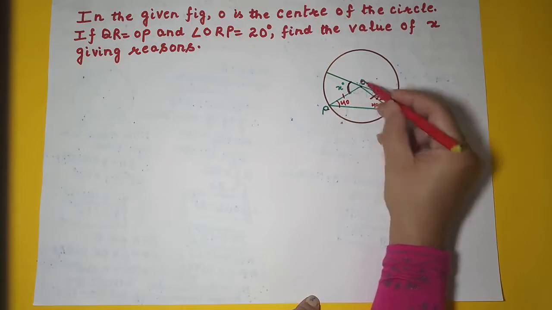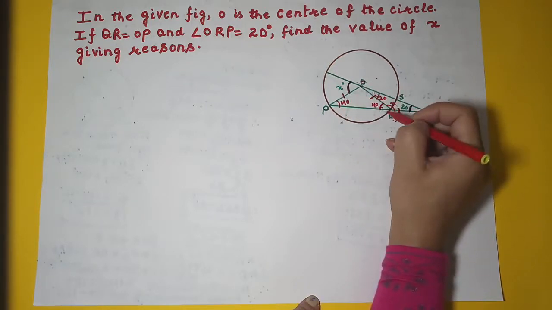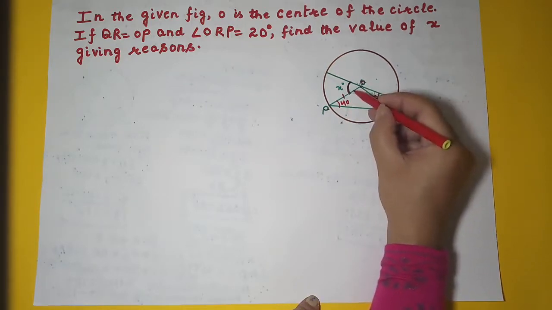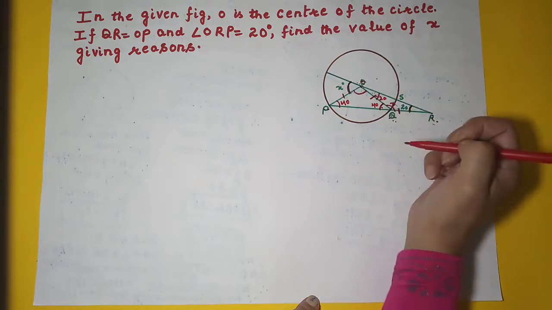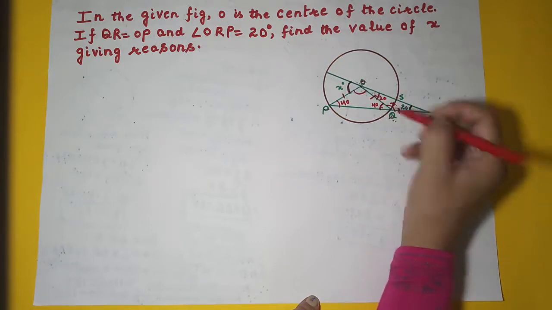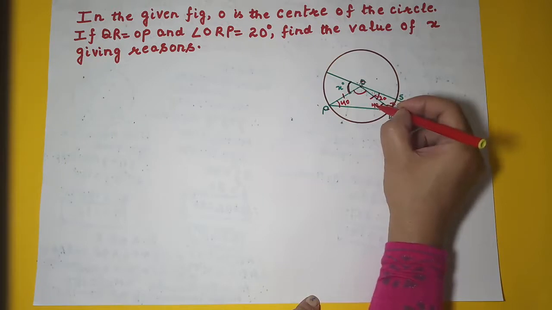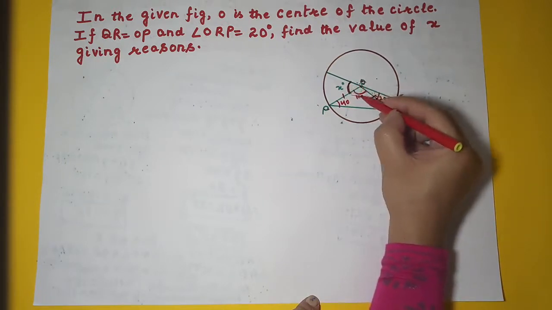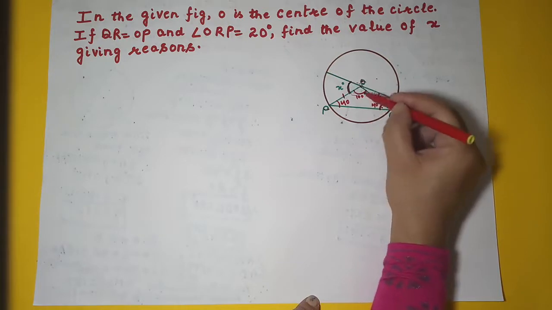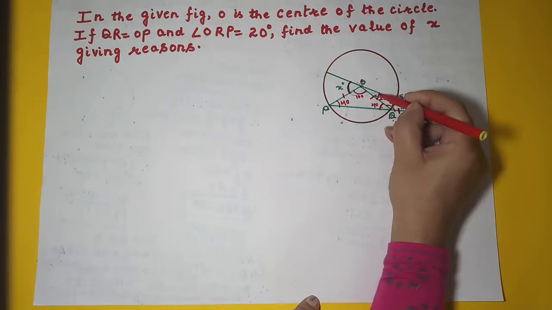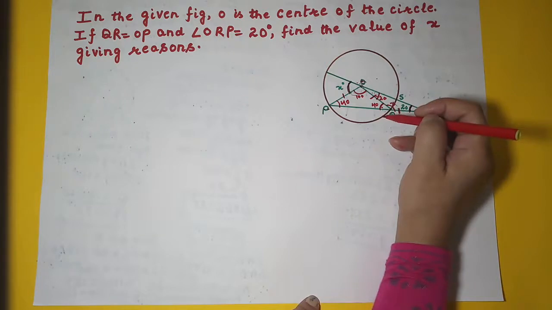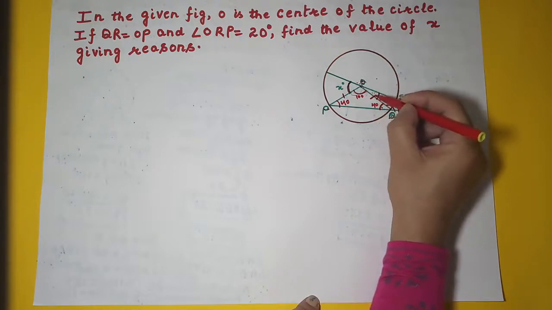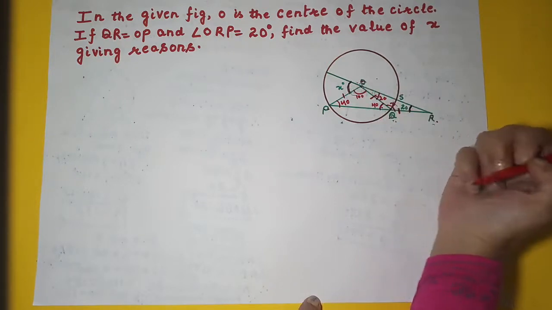Angles opposite to equal sides are equal. So once you have found this angle, you can calculate this angle. Triangle sum property. So this becomes 40 plus 40 is 80. So this becomes 100. Now this entire angle is 180. You have 100 plus 20 is 120 plus X is 180. So 180 minus 120 is 60 degree.